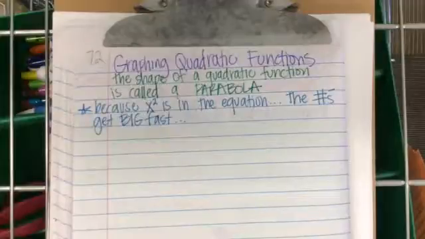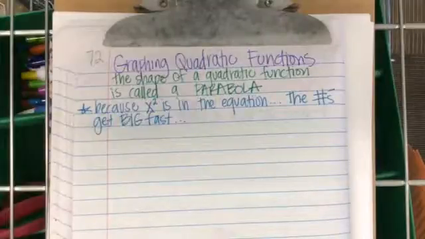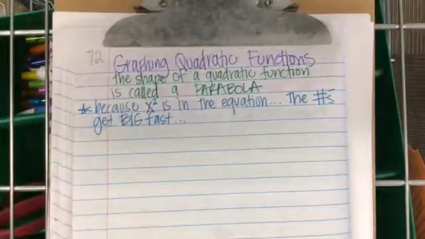So you're clicking along graphing, and you're always graphing number 5 because that's your favorite number. Well, if you're substituting 5 in these equations, you're going to get really big numbers really quickly.